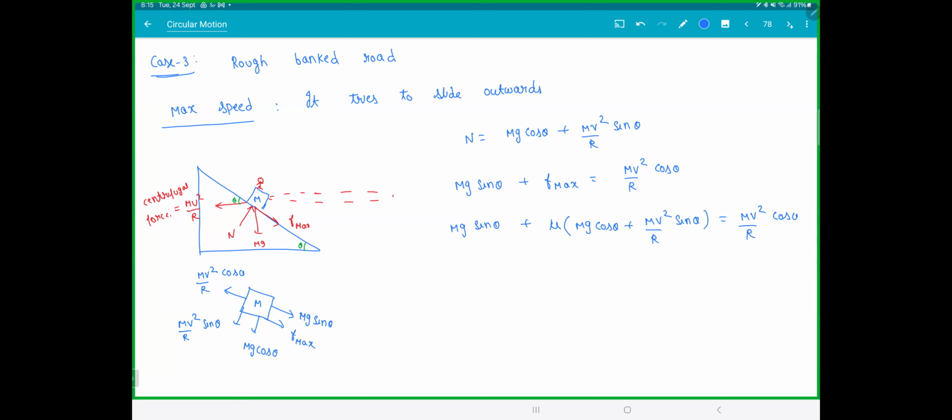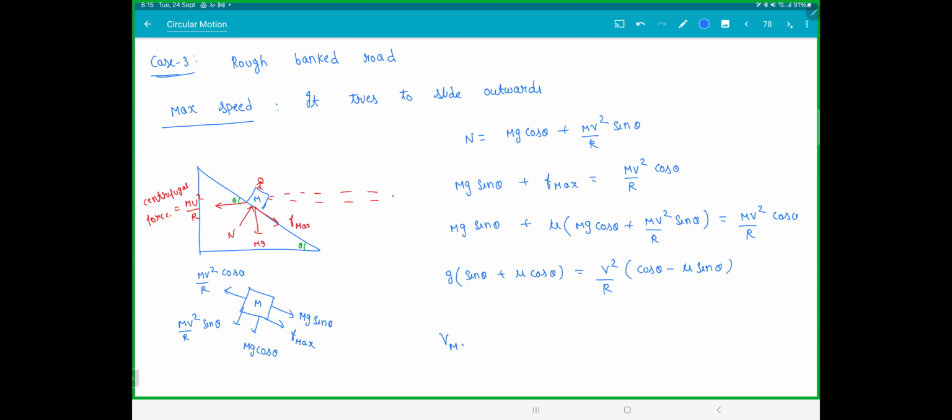So get v on one side and shift everything to the other side. M will cancel. So this will be g times sine theta plus mu cos theta. This would be v square by r times cos theta minus mu sine theta.